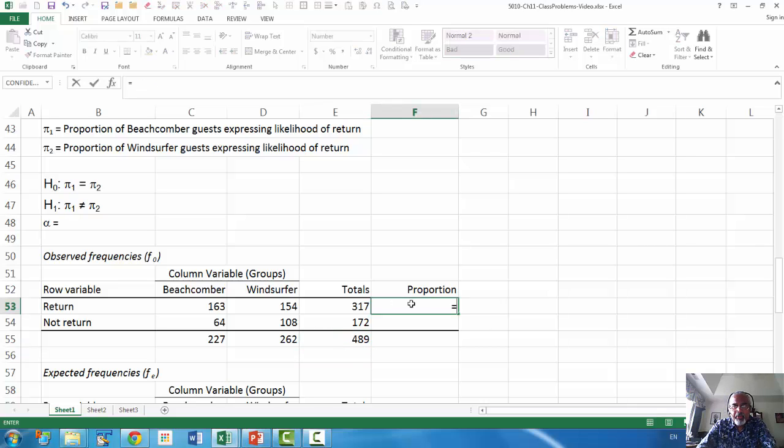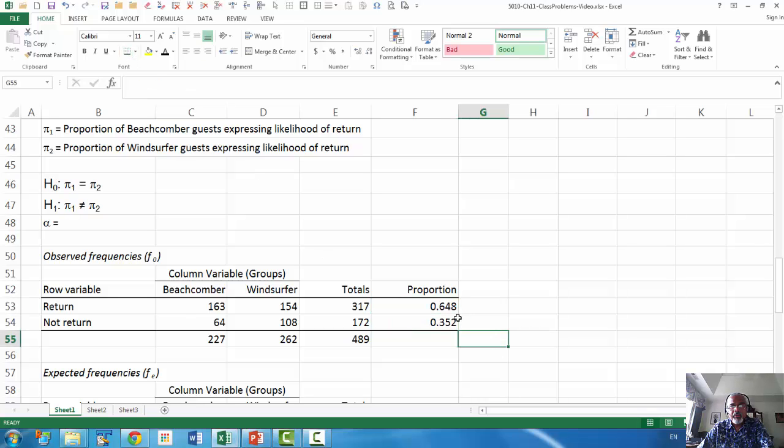The proportion p bar is that divided by that one, so we'll make that an absolute reference. Then 1 minus p bar is this, so you can copy that down here.